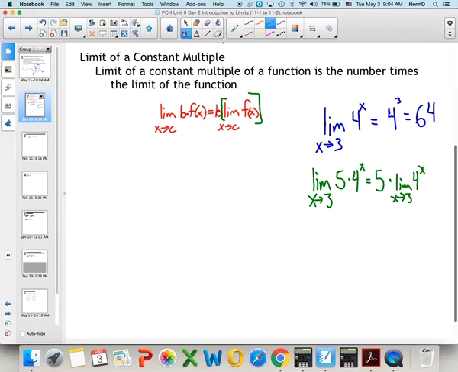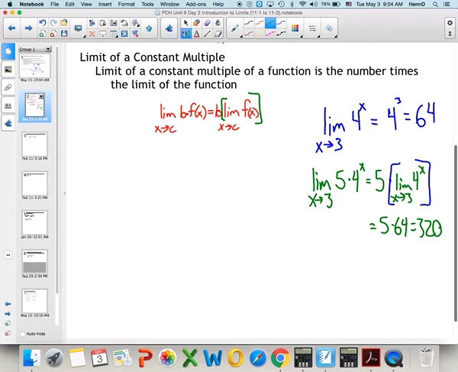And we just found that, we know that's 64. So 5 times 64 is 320. So I know the limit as x approaches 3 of 5 times 4 to the x is 320.